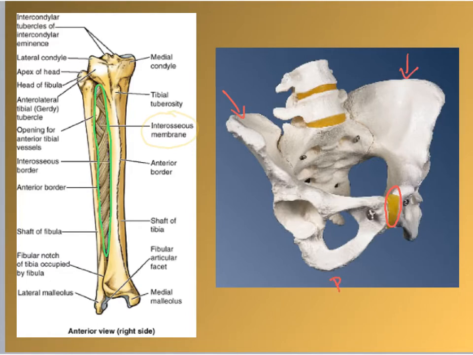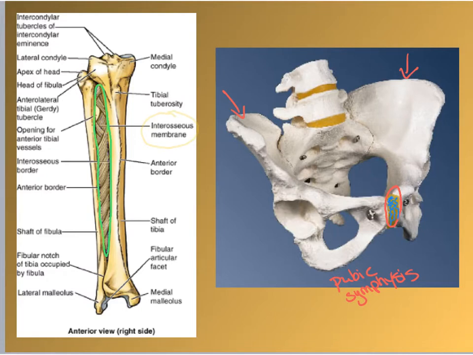In fact, there's a specific name for that symphysis. It's called the pubic symphysis. This is something that you need to identify in lab. And one interesting thing about this pubic symphysis is that in women who are pregnant, circulating hormones are going to loosen up the collagen fibers here.